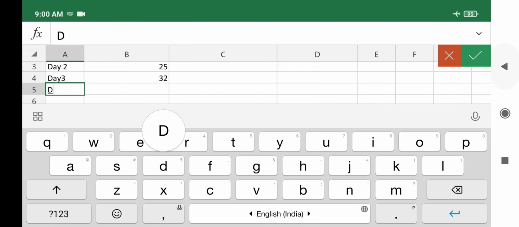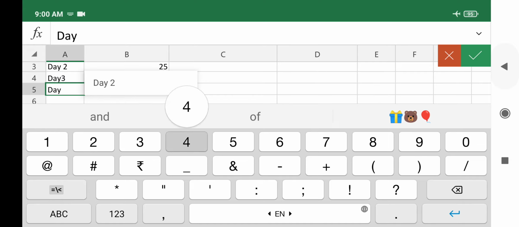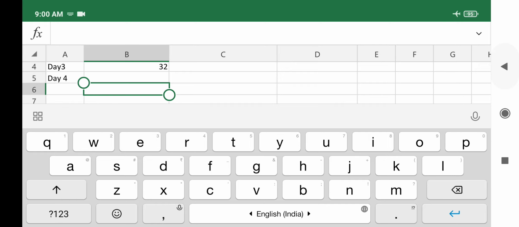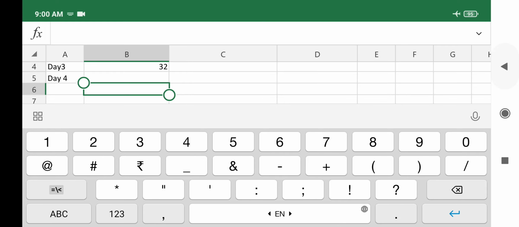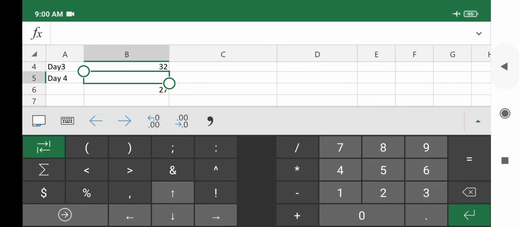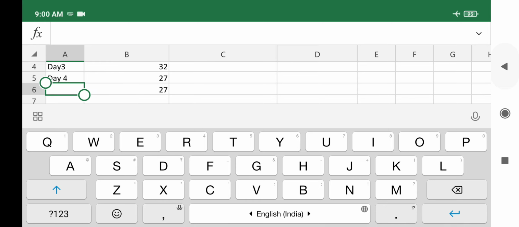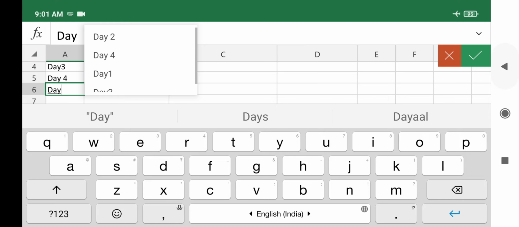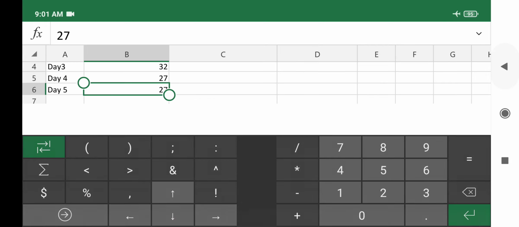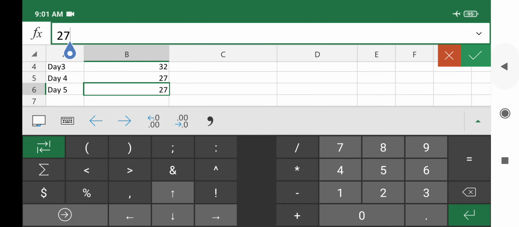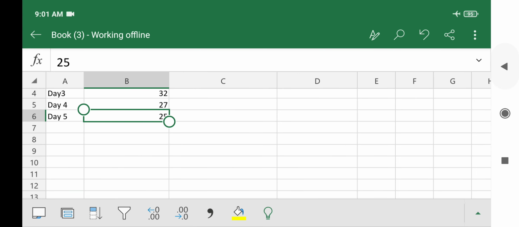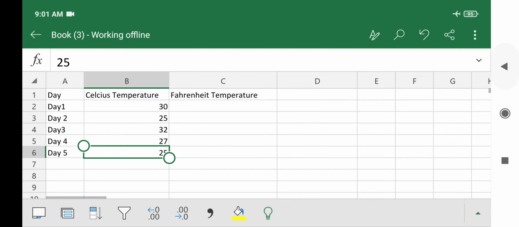Day 4 it is 27 degrees Celsius. Sorry, I'm putting it somewhere else. And day 5 we have temperature 25. In this way we have made our proper table for day 1 to day 5.